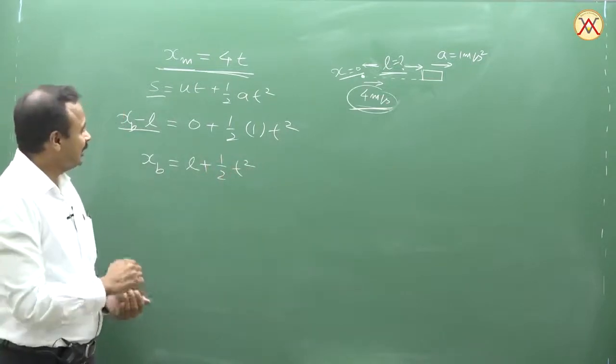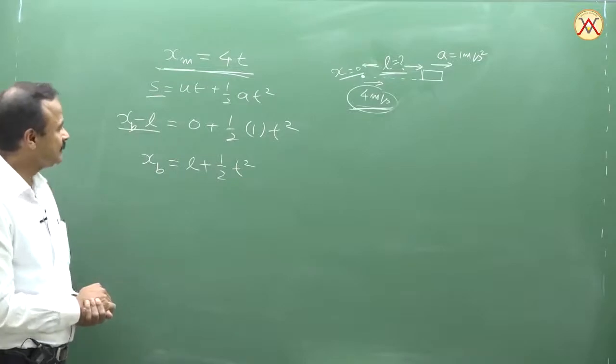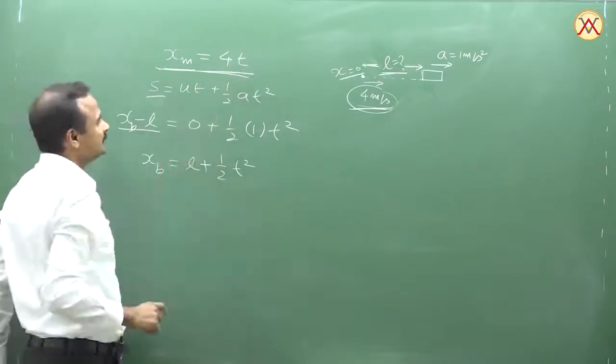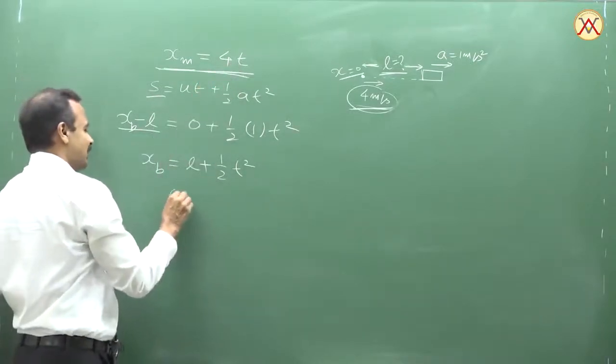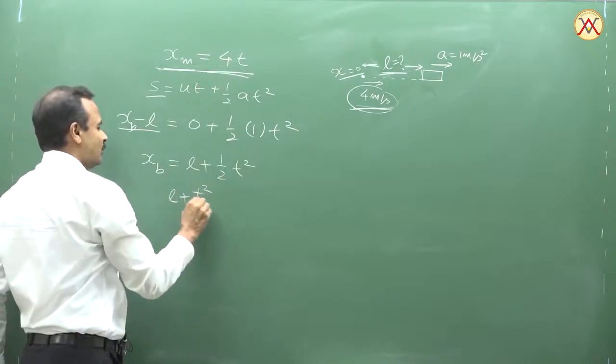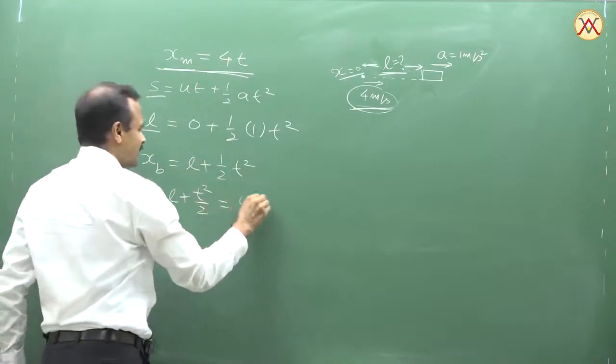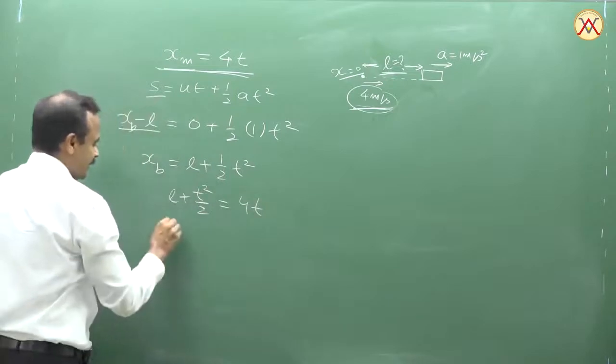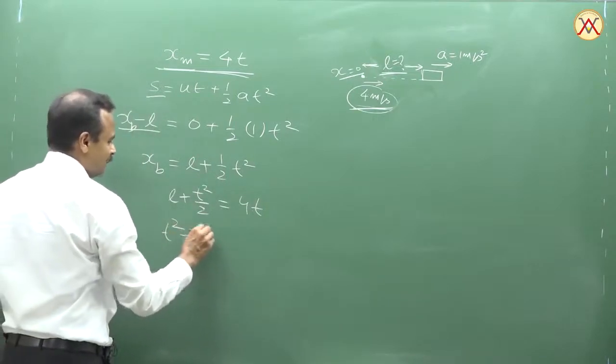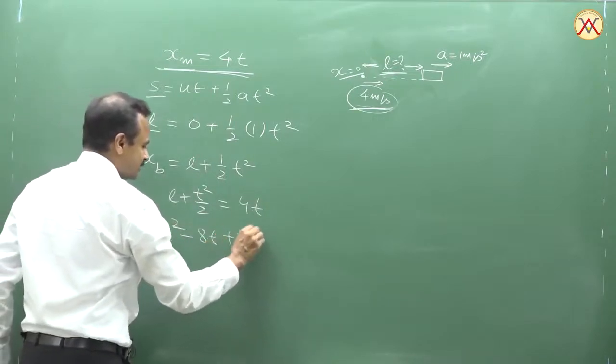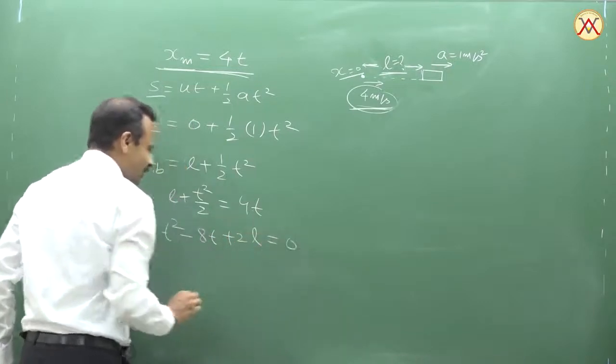Now if he catches the bus, we equate the two coordinates. So L plus t squared by 2 equals 4t, and we get t squared minus 8t plus 2L equal to 0.